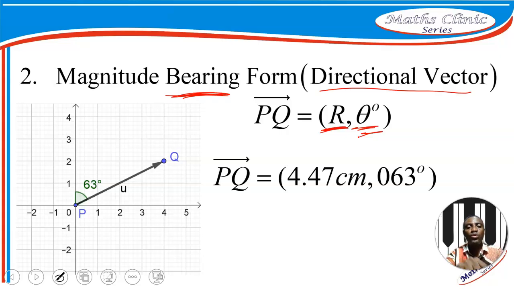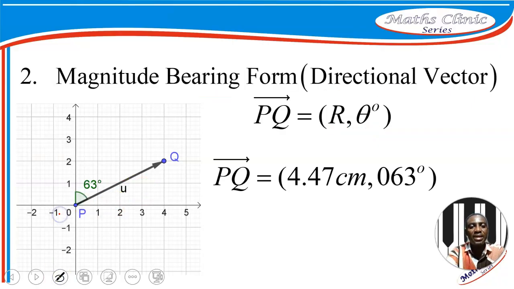Good. So if you look at the vector PQ as you see from here, the magnitude has been given, or maybe they didn't give us, so I will just use a ruler to measure from P to Q. And when I did that, I had 4.47 centimeters. Then the direction from the North Pole, let's call this the North Pole, clockwise to the direction of this will give us 63.